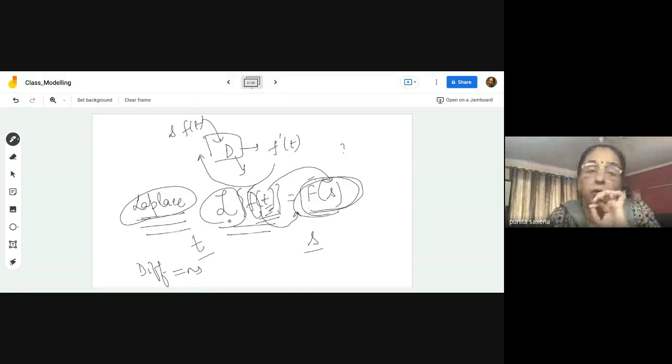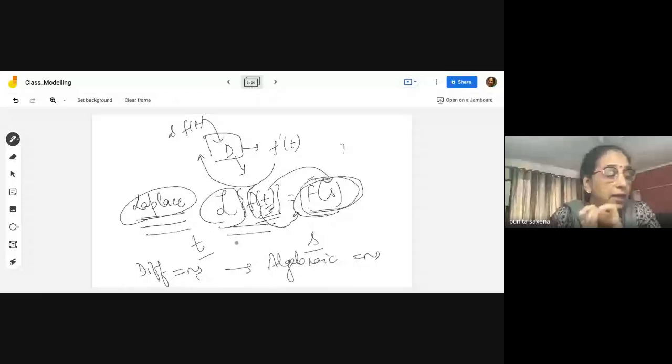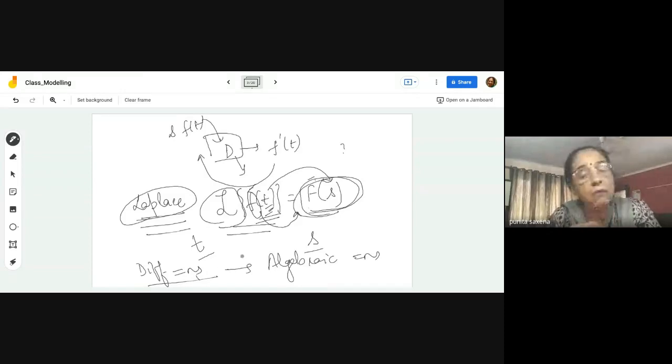Now, when you apply the Laplace transform on a given differential equation, you are going to get an algebraic equation. That's what I said. Transform means making a marked change in the appearance. How are the differential equations going to change? They are going to change into algebraic equations.